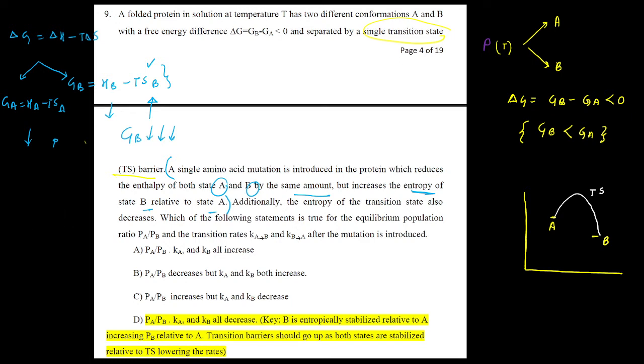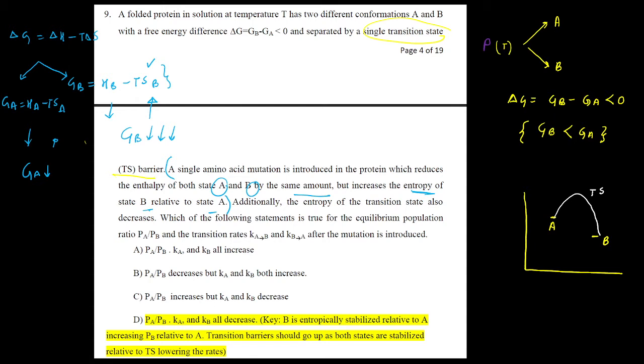If entropy of A is increased, or let's say there is no change, but HA is decreasing, that means there is a decrease in Gibbs free energy of A as well, but it is relatively small compared to B. A and B Gibbs free energy are decreasing, but the magnitude of decrease for B conformation is comparatively more than the decrease for A conformation.